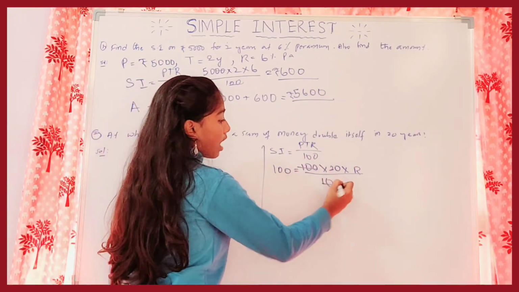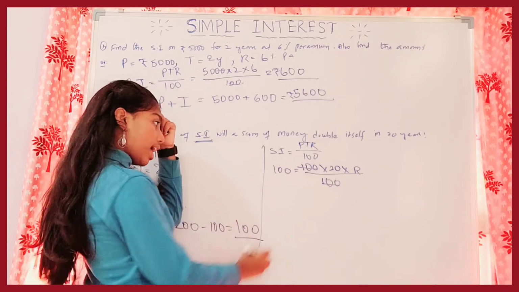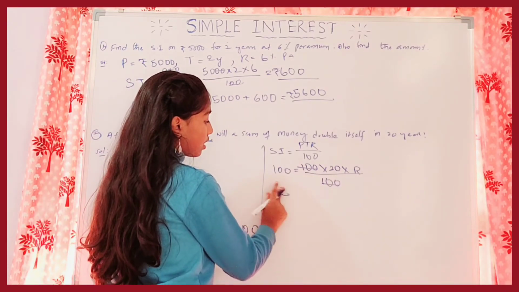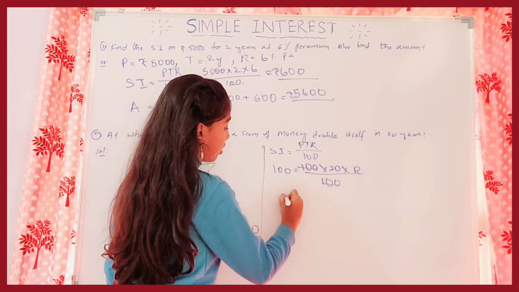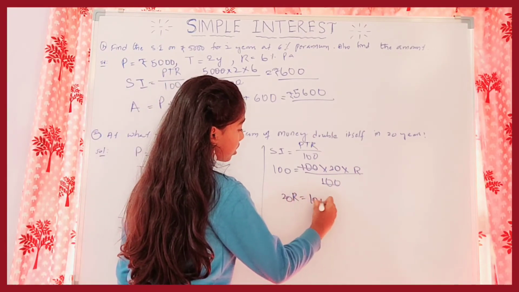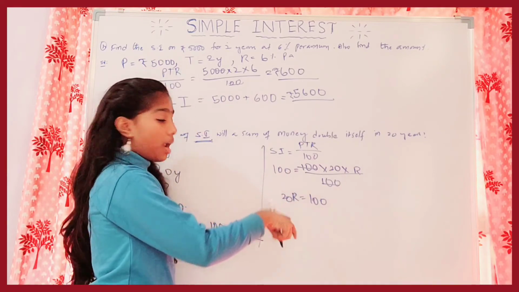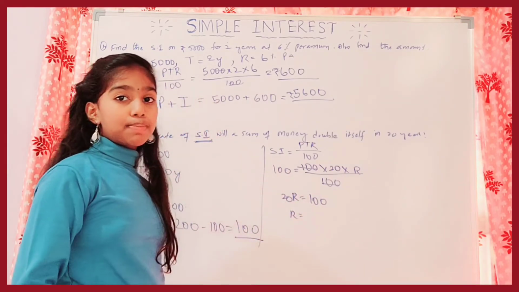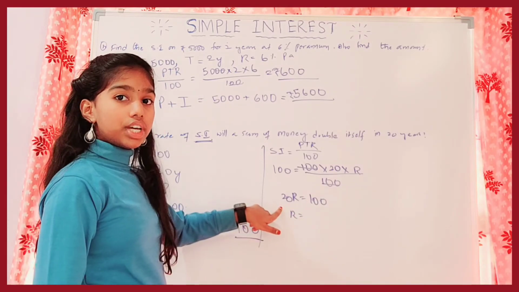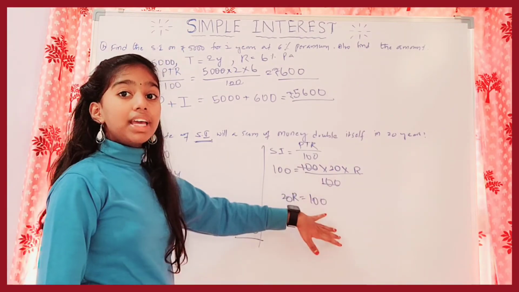This 100 gets cancelled, and then 20 into R is 20R. 20R is equal to 100. When 20 is transposed to the other side, it is in multiplication, so on the other side it becomes division.